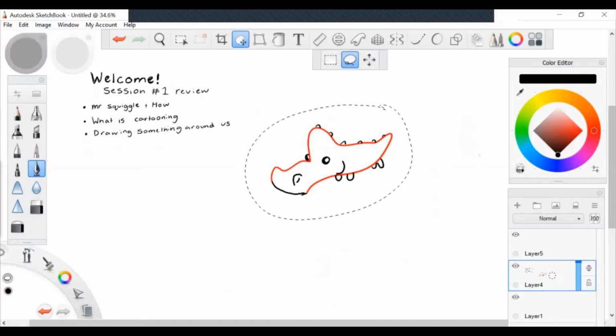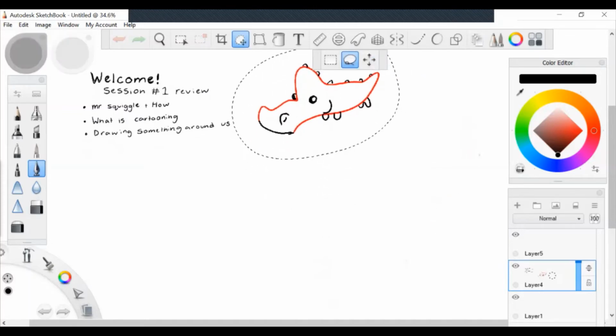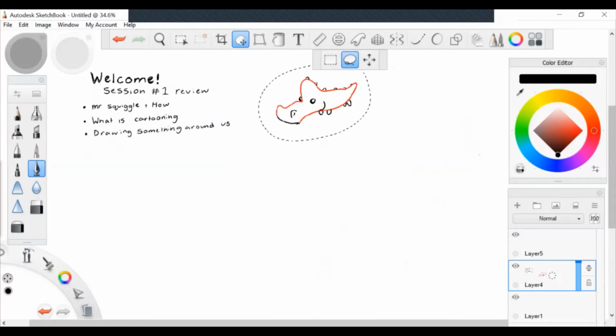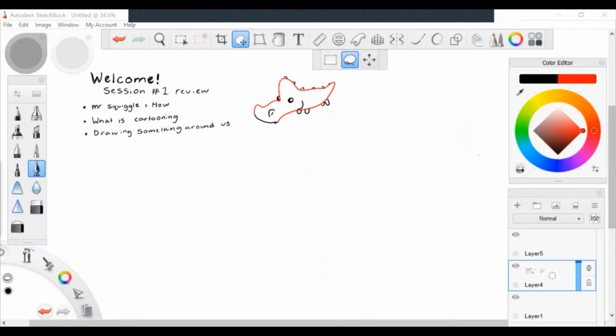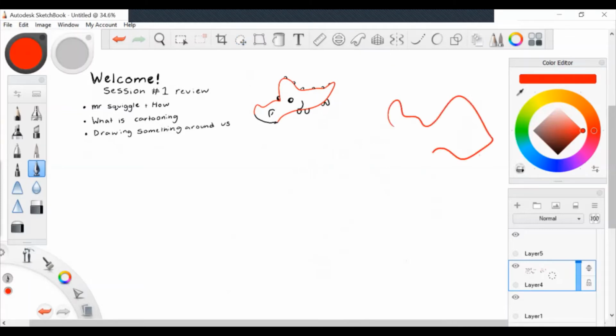At the start of each session, we will do a few squiggles and get ourselves thinking about what we can do with absolutely nothing. I'll do this a couple of times just to have a bit of play around.